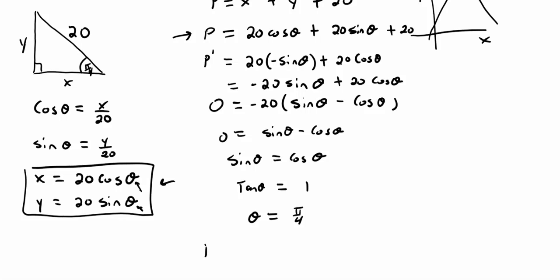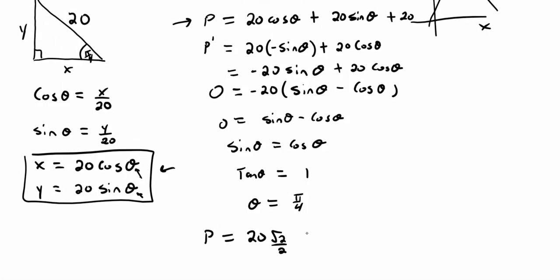So the perimeter would be 20 times cos pi over 4, which is root 2 over 2, or 1 over root 2. We'll write it as root 2 over 2.